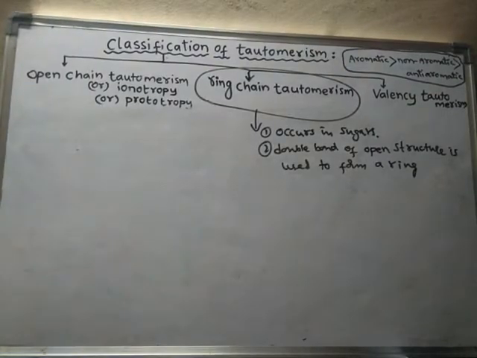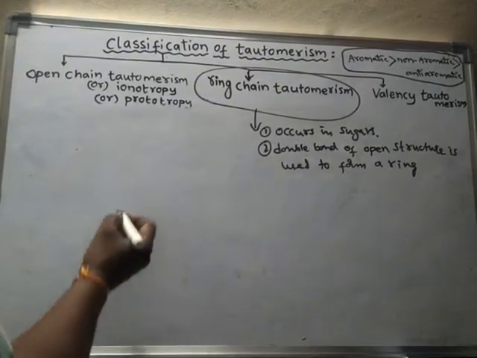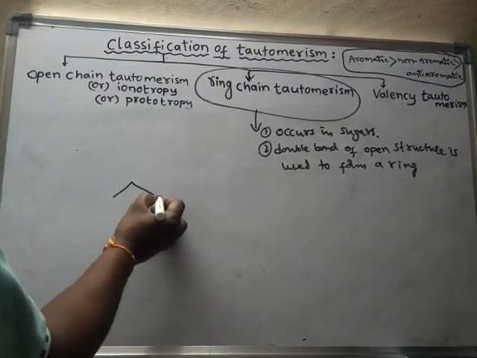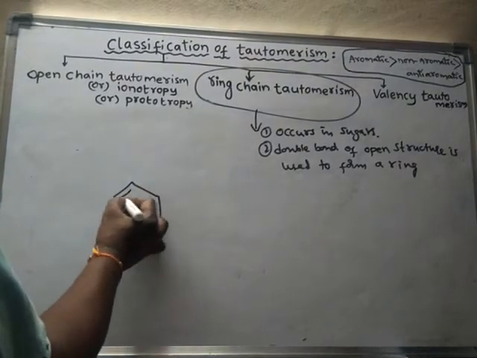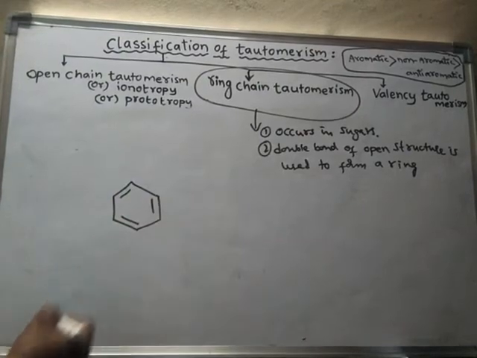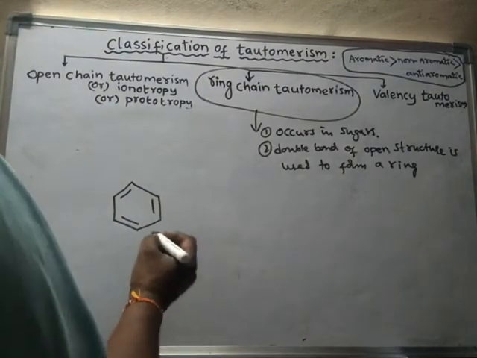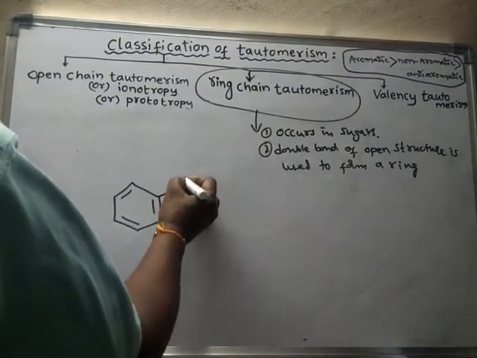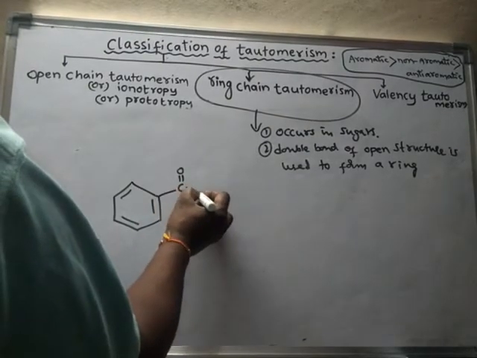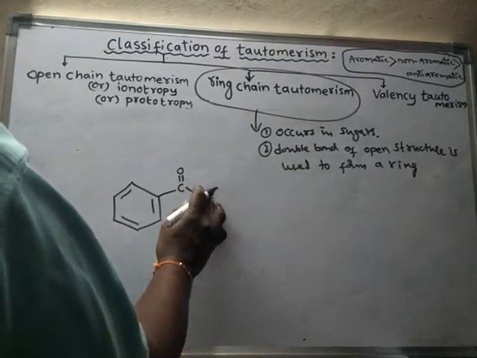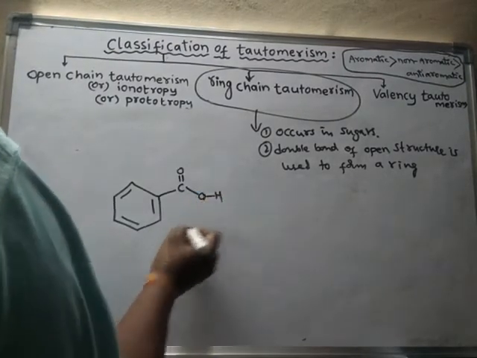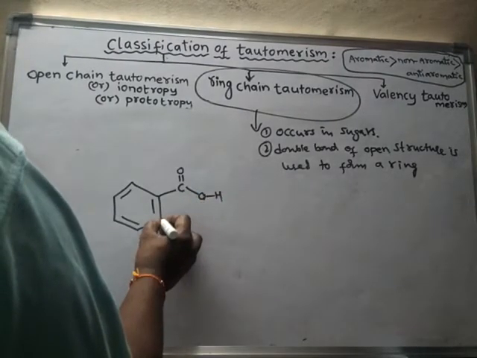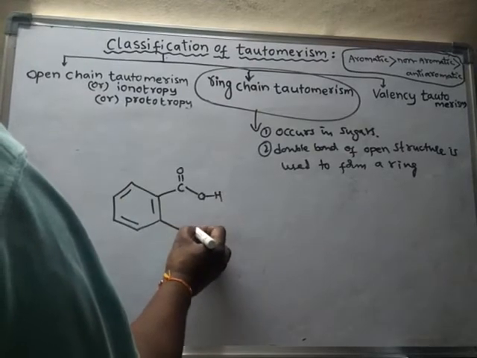See, let us discuss this with an example. This is, see, acid group COOH, acid group, and here it is the aldehyde group.